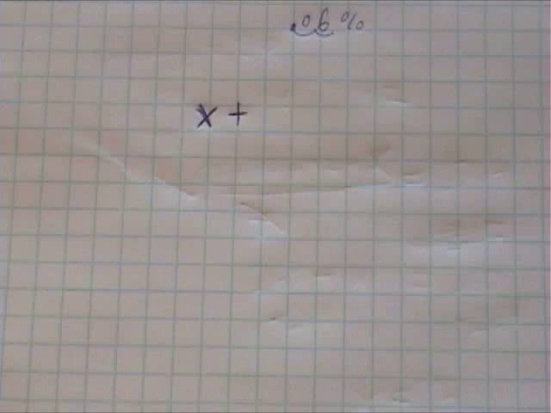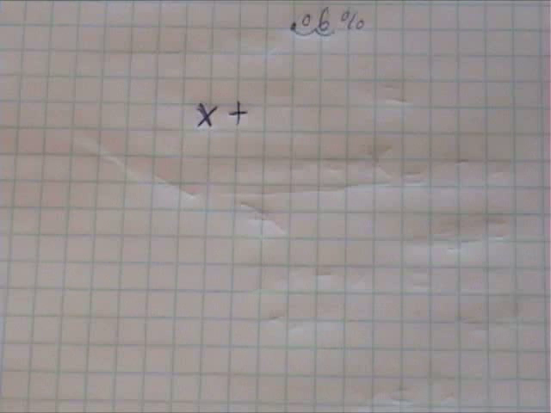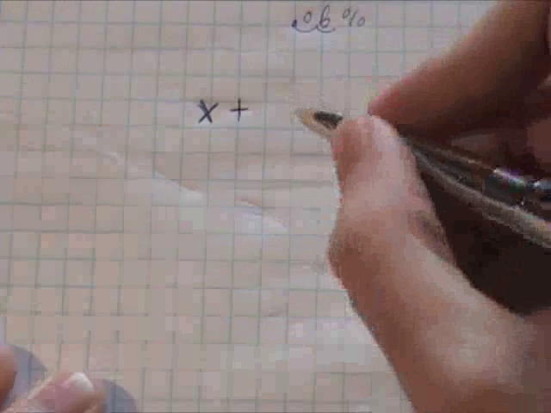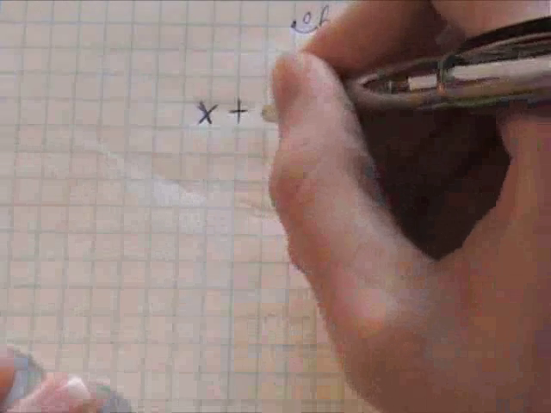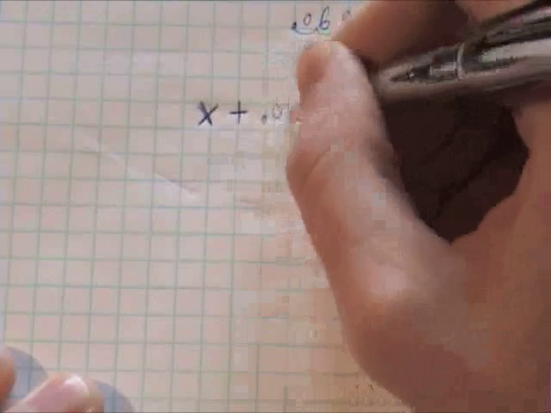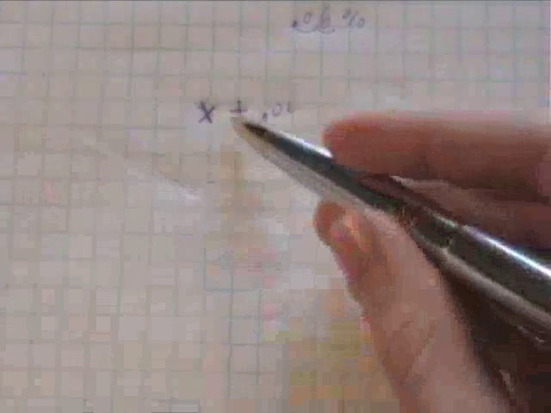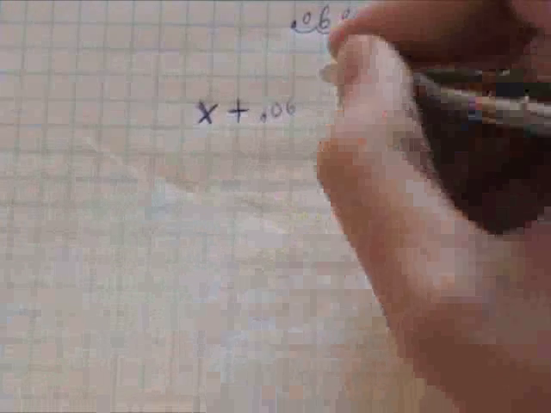Percentage is a pretty way of putting it at the end when you figure everything out, so it looks better to the eye, but not when you're dealing with problems. So use decimals: 0.06, which equals 6%, of itself, so of the same number X.